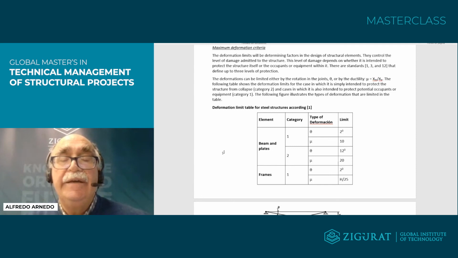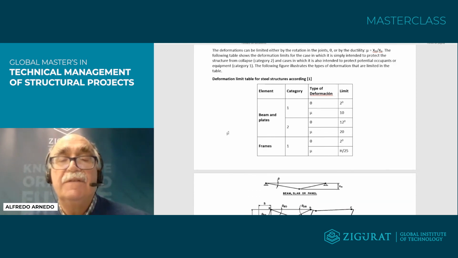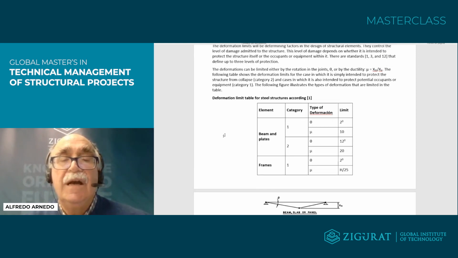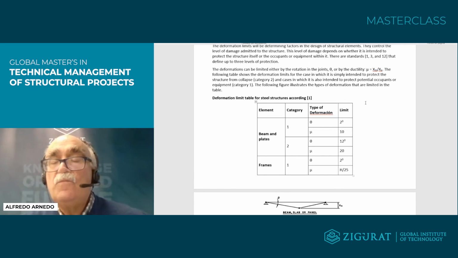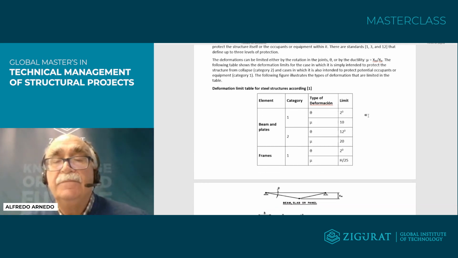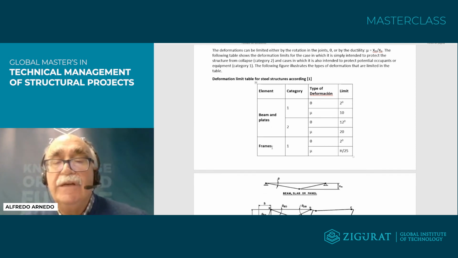So here it is important to take into account the limit of this deformation, and we are in hand of the relevant standard. In some references, depending on whether we have a beam or a frame, and depending on the category, this is the lighter, this is the more important, the high category.